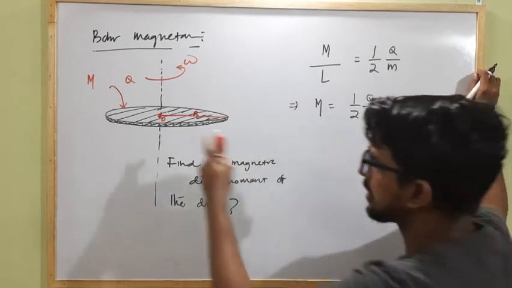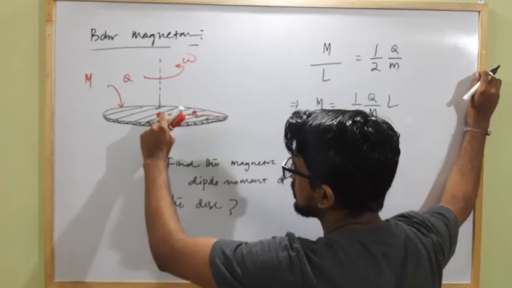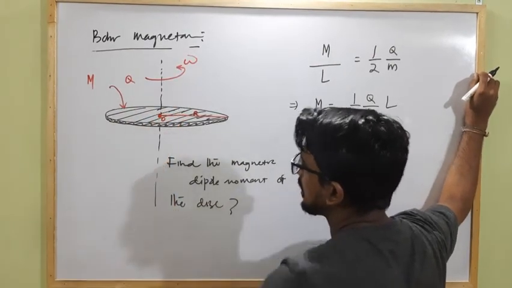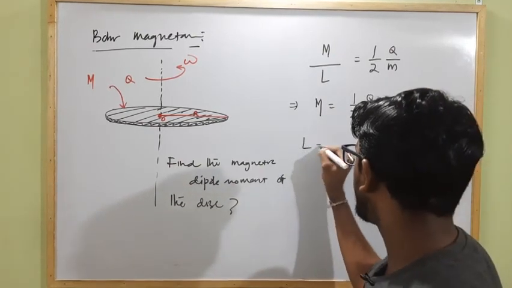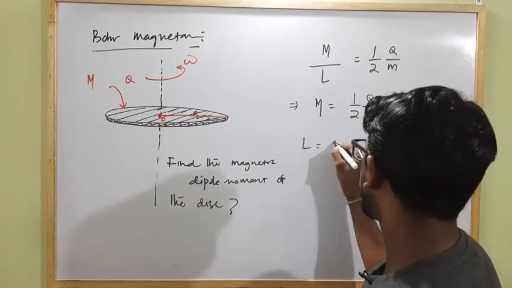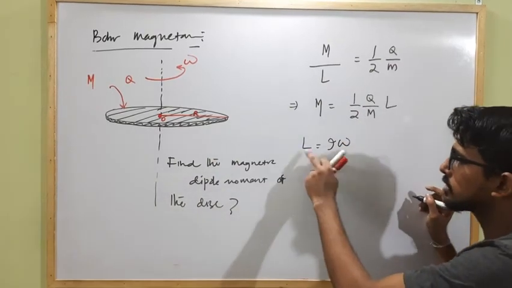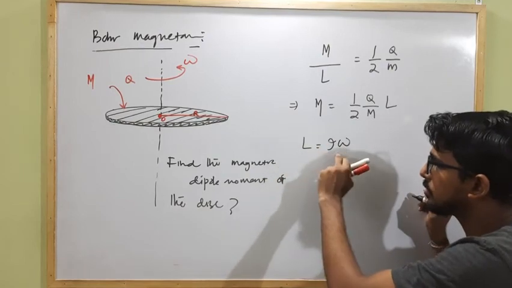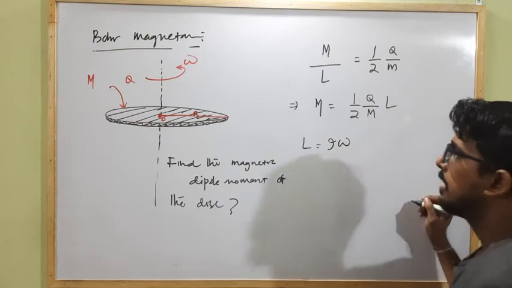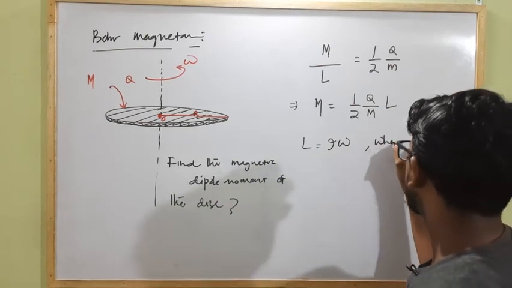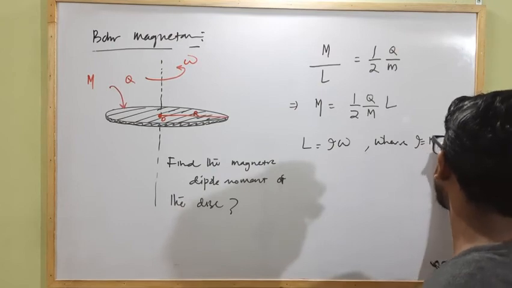This is a circular disc of radius r rotating about its axis, which is passing through its center of mass and perpendicular to its plane. The angular momentum L equals I into omega. You already know the angular momentum equals the moment of inertia into angular velocity, where here I is not current, I is the moment of inertia.